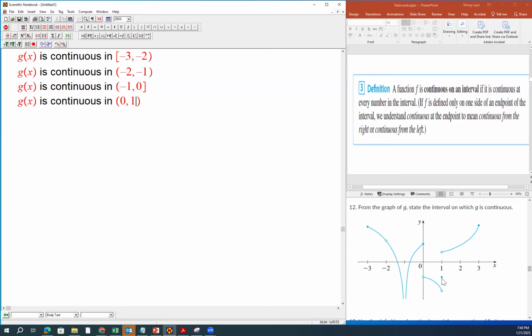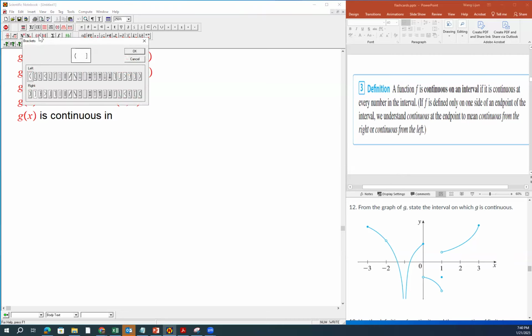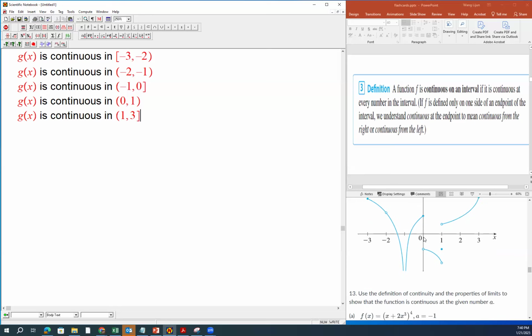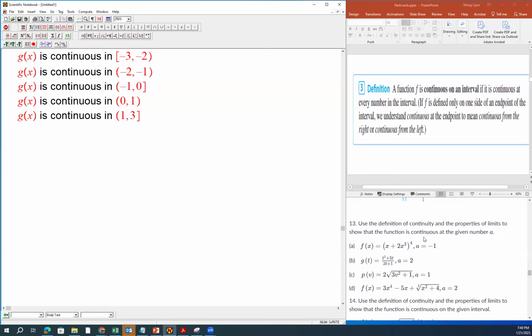And G is continuous from 1 to 3. On the 1 side it should be open. On the 3 side it's going to be closed, because at 3 the function is left continuous. Okay, I think that's all for left continuous, right continuous.